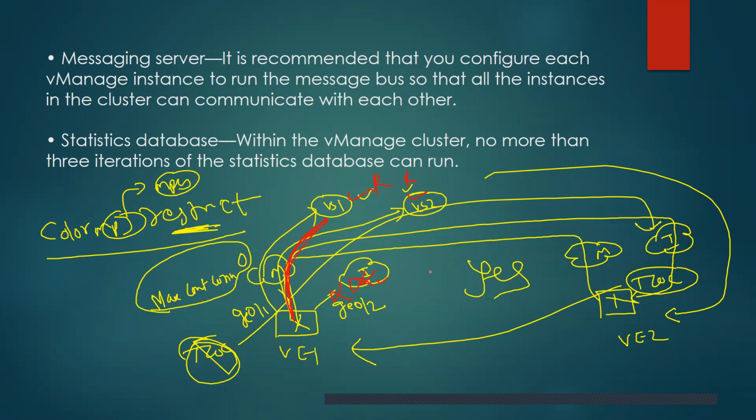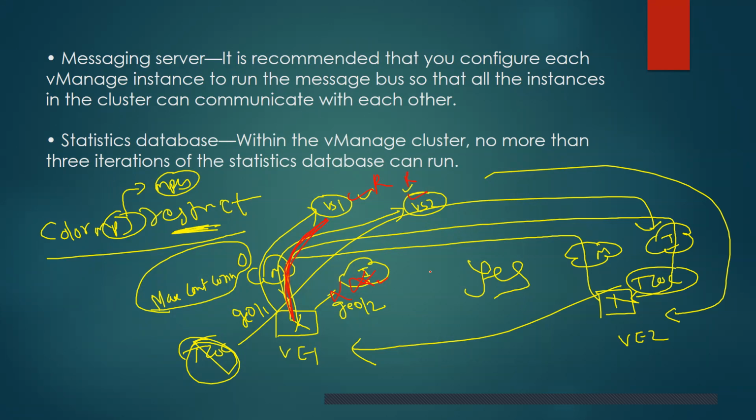Correct. And OMP will also not form over this interface. Sanjay, yes: obviously, if there is only one interface and max control connection is 0, then it will not form.